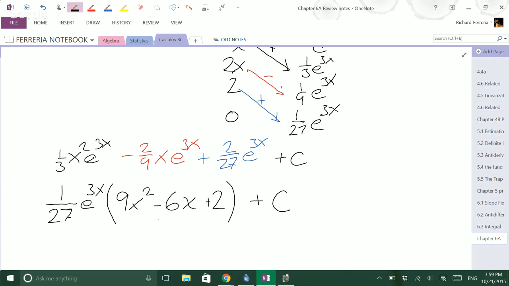No. What do you call that? Discriminant. b squared minus 4ac. 36 squared minus 4 times 9 times 2. Oh, that's definitely negative. The discriminant's definitely negative, so you can't factor this, right? Okay, so that should be the answer.